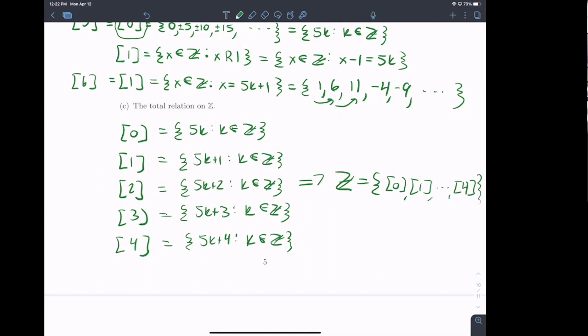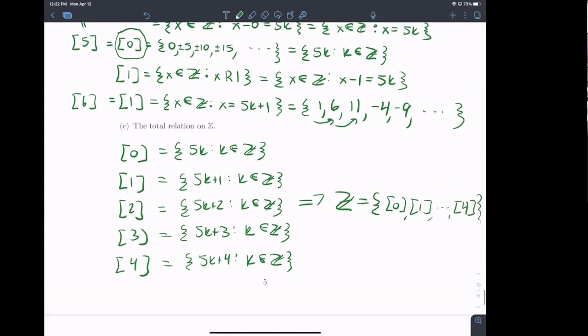I hope from this you see a blueprint of what to do if instead of 5, we chose 6 or 7, or if we just let n be an arbitrary integer, how that would work.